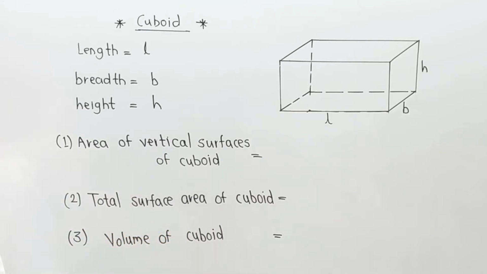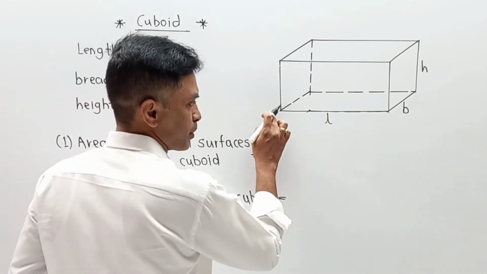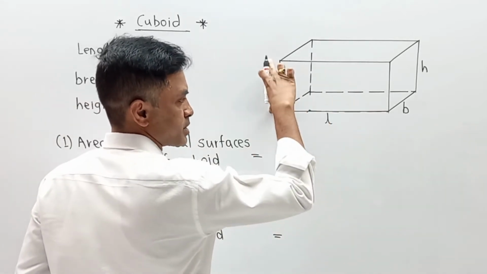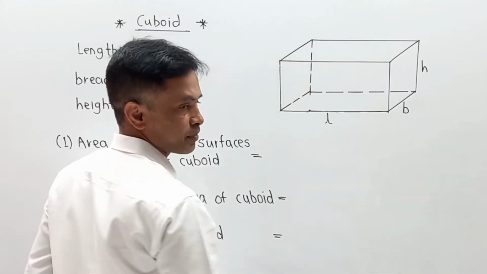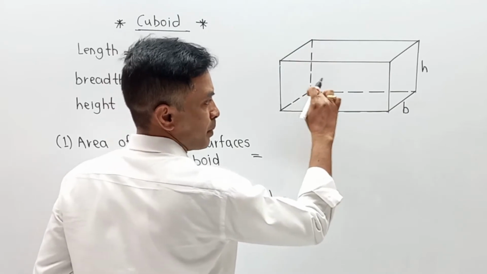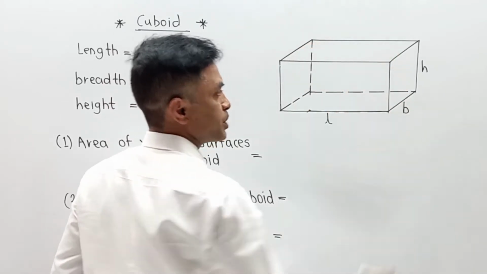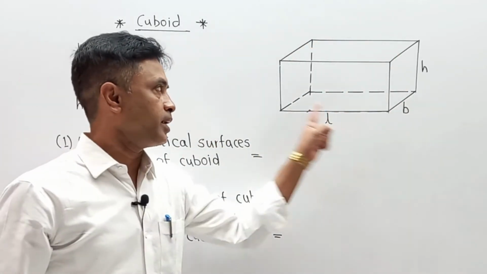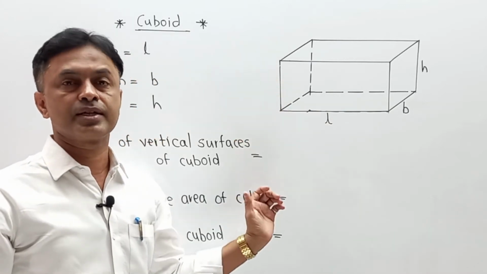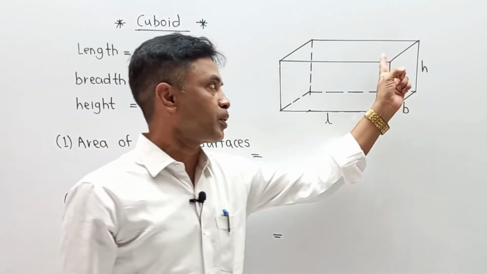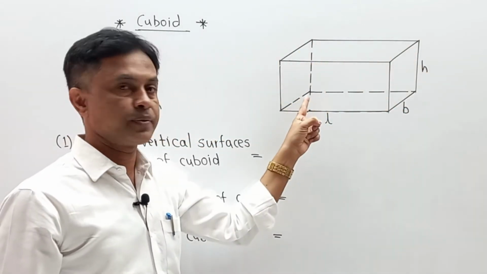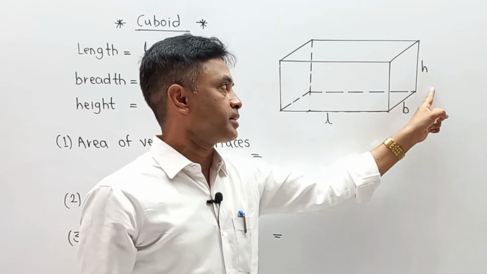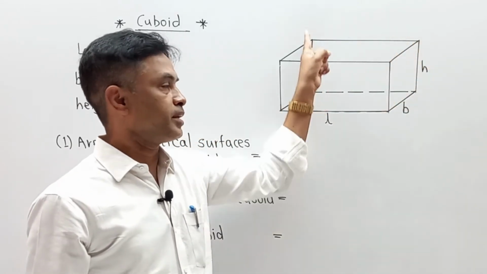Now what exactly is meant by vertical surfaces in terms of a cuboid? Try to understand. Length into height is the first vertical surface area, and again the backside length into height, so it becomes 2L into H. This is the vertical surface. Second, this portion and this portion are breadth into height and breadth into height.